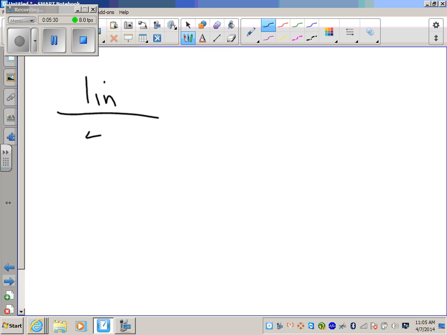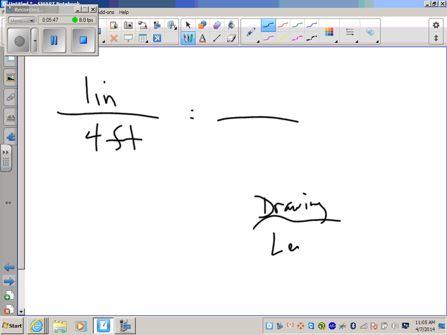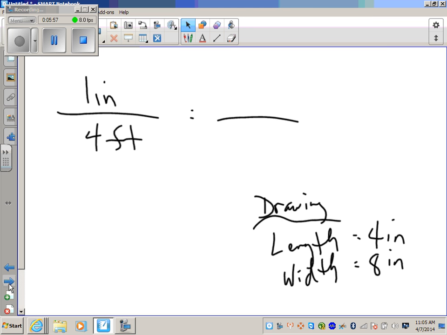1 inch is equal to 4 feet. Okay? So let's use that. And let's say that on the drawing, okay, the length is 4 inches and the width is 8 inches. Okay? That's the information that's been given.